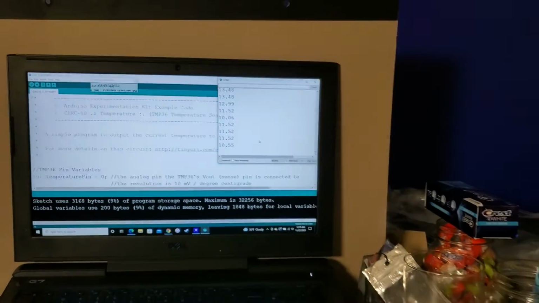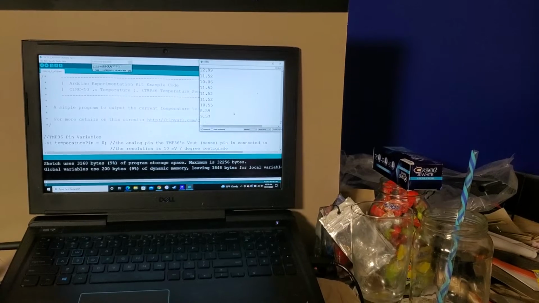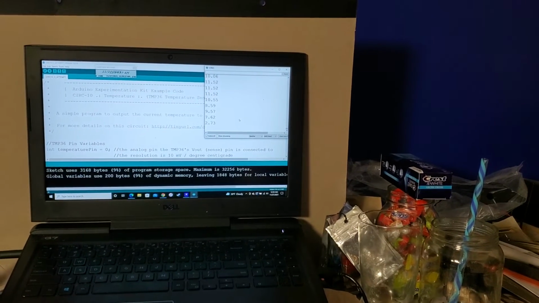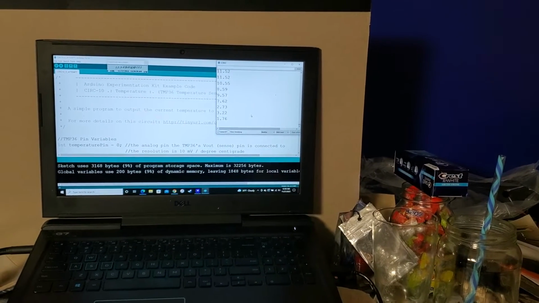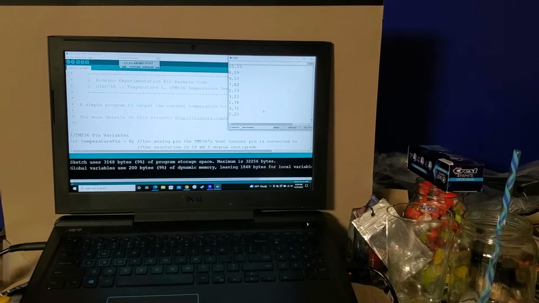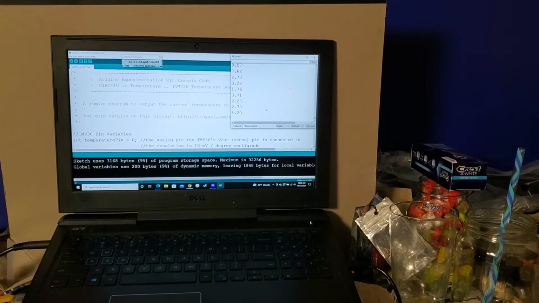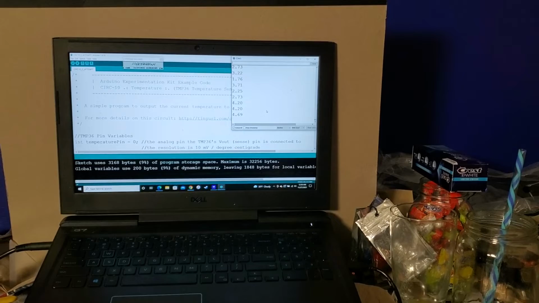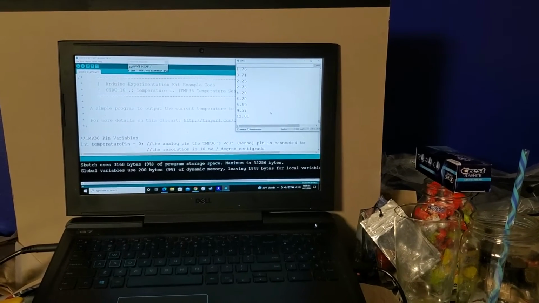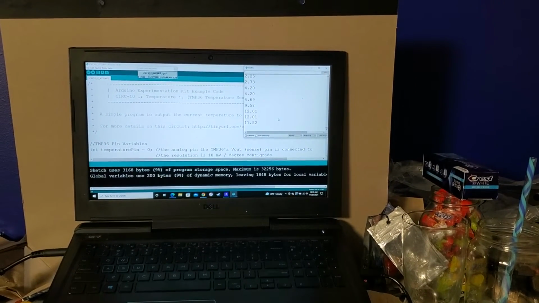For some reason, when I touch this cable or get close to it, you can see the temperature has dropped to about 2 degrees centigrade, which is just barely above freezing. And then when I let go, you can see the numbers immediately start jumping up to 12.